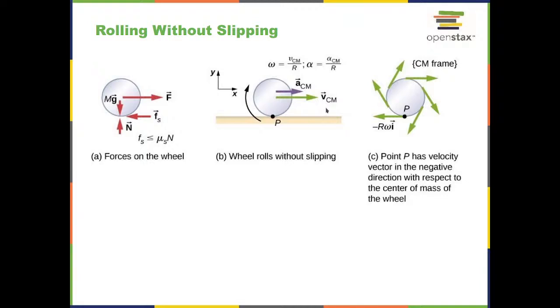So we're going to start by writing down the velocity of this point P, starting from the center of mass velocity and the angular velocity.